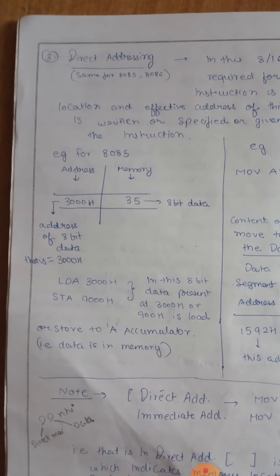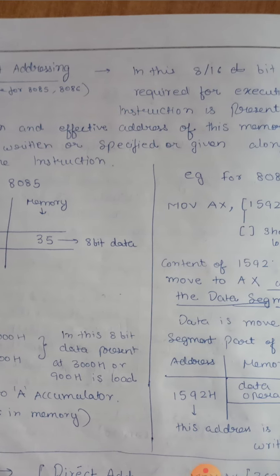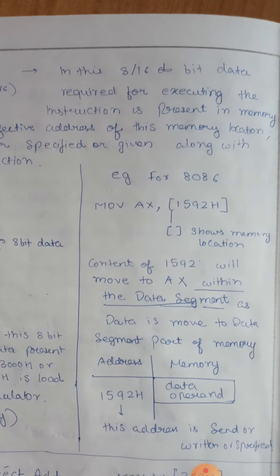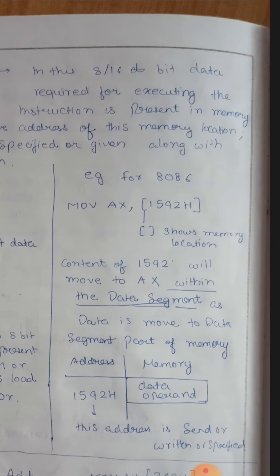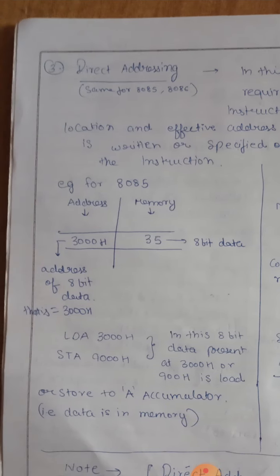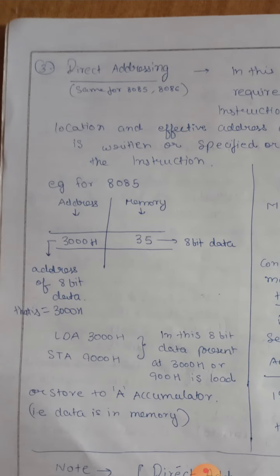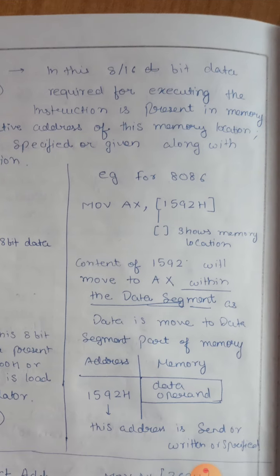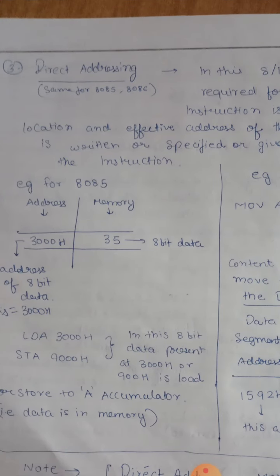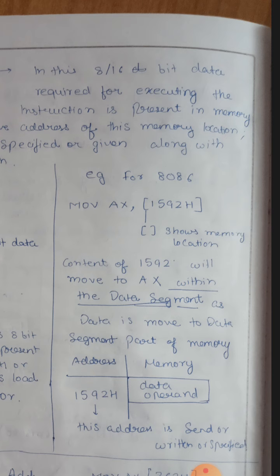Direct addressing mode executes directly. In this, the 8 or 16-bit data required for executing the instruction is present in a memory location. The effective address of this memory location is specified along with the instruction.